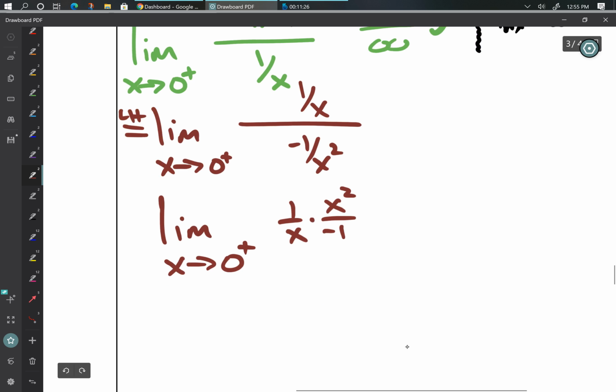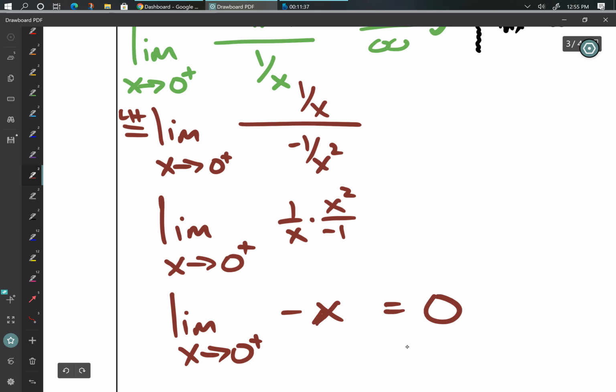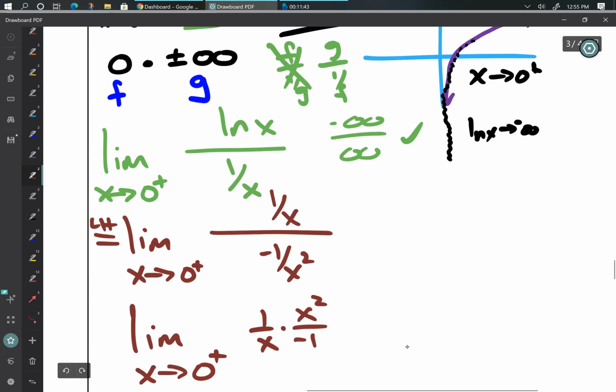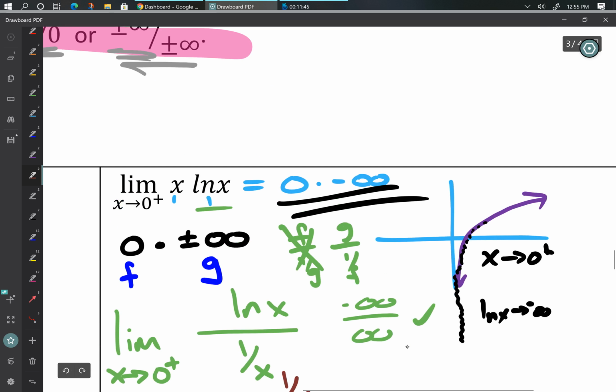So I've got the limit as x approaches 0 from the right of negative x. What is that going to give me? It's going to give me a big fat 0. And so the value of that limit is 0, which means the value of the green limit is 0, which means the value of the original problem is 0.